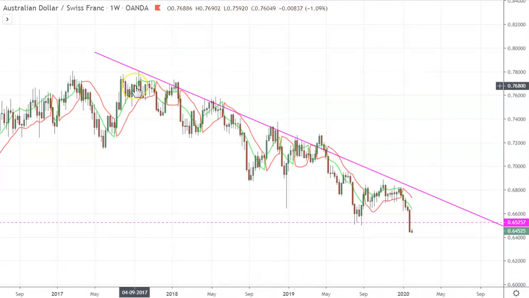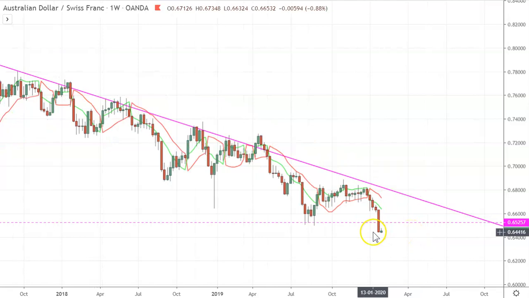So you can see very strong downtrend, and again this week's candle has started out and we've already seen a bit of a pullback off the top of the high today.